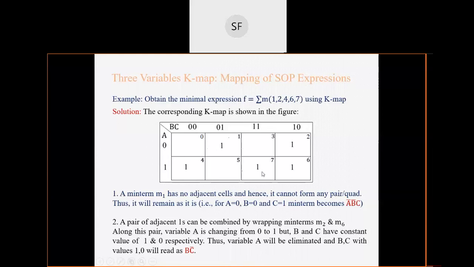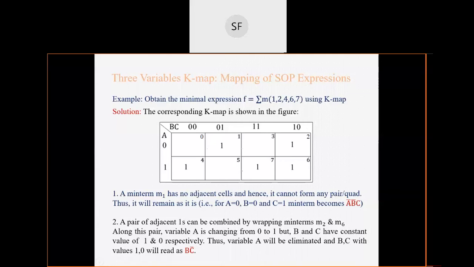Now you have to think whether an octet is possible in this K-map. For an octet you need 8 cells with 1. So yes, there are total 8 cells, but out of those 8 cells only 5 of them have 1, so octet is not possible, right?